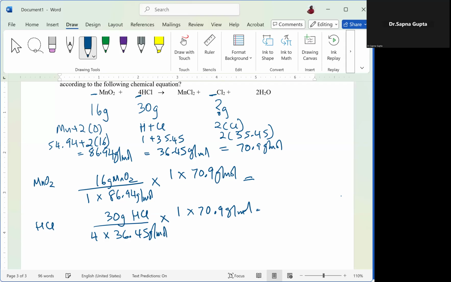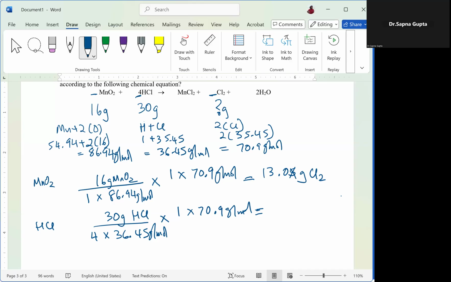Now we just need to do our calculation. For the top one, 70.9 times 16 divided by 86.94 is equal to 13.05, which my calculator shows as 13.0. Okay, that's going to be grams of chlorine.